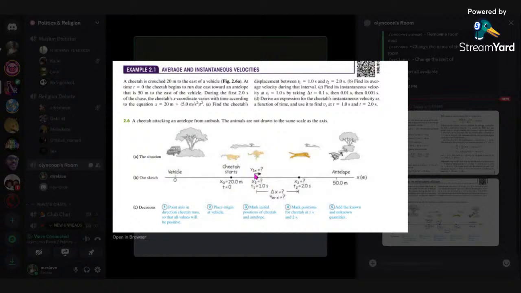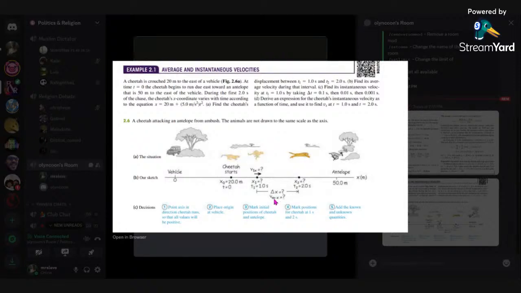Then v1, the velocity of the cheetah, we don't know what it is at this point, and we don't know the location x1, but we do know that the time t1 is 1 second. Okay. And then there is a delta x, delta distance, and velocity. I don't know what is AV minus.